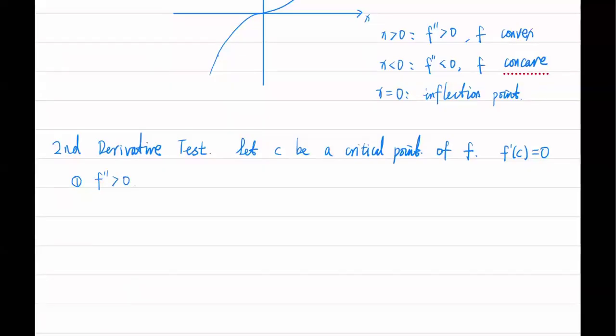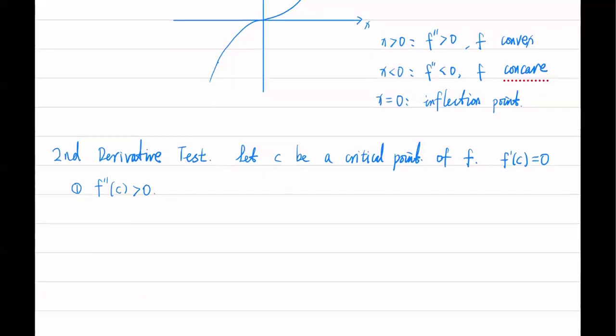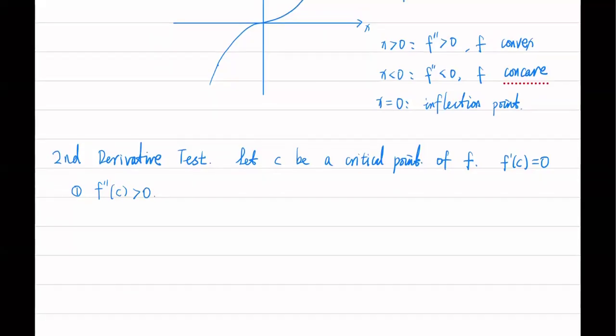Okay, so with this information only, at this point, the derivative is 0. What can we say about the graph when the derivative is 0?